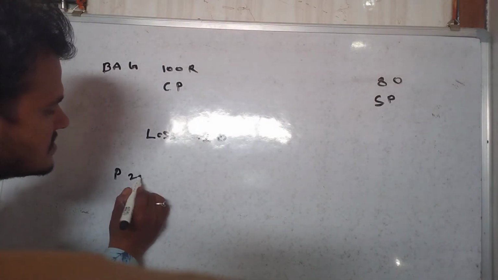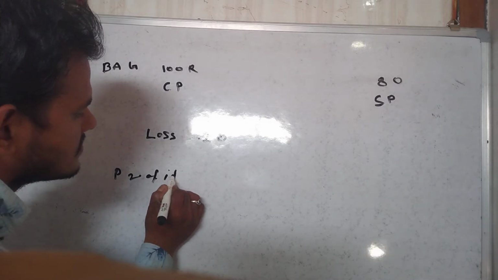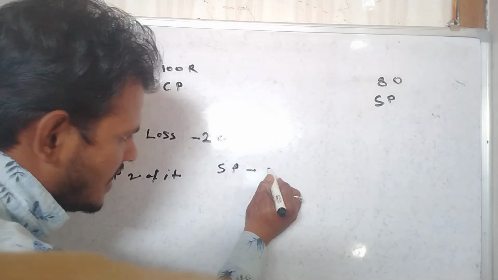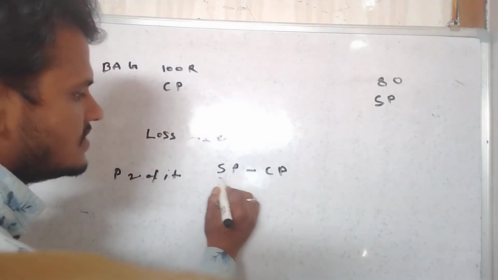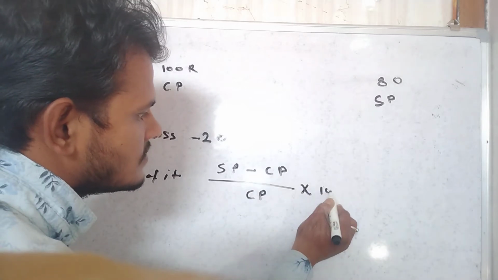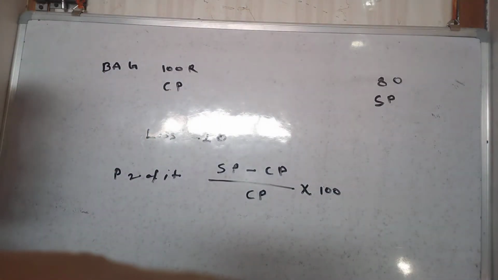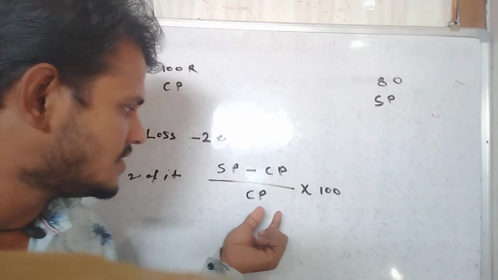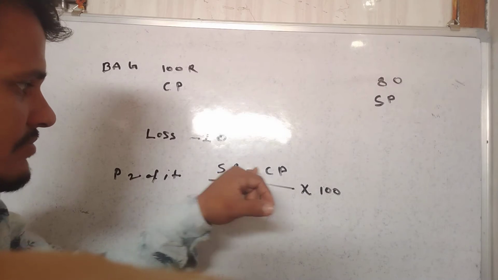What is profit percent? Profit percent is SP minus CP by CP into 100. Your denominator will always be cost price, CP.